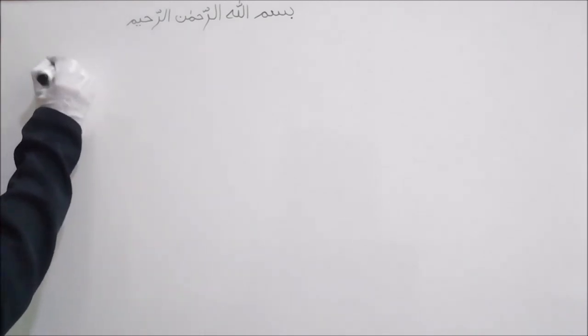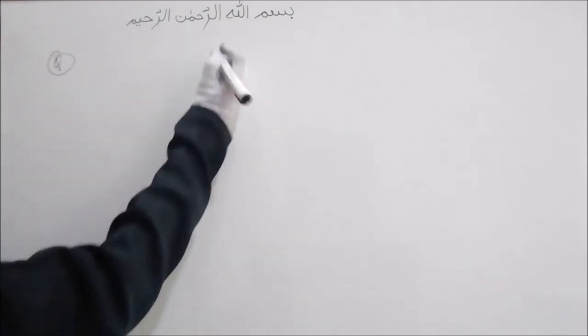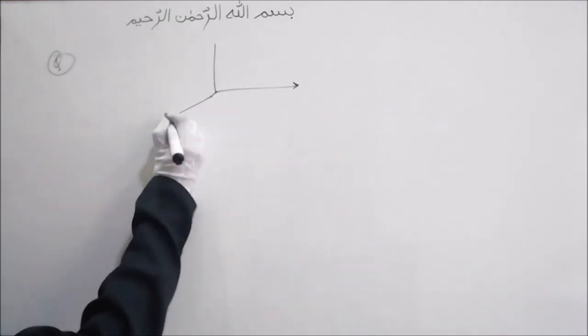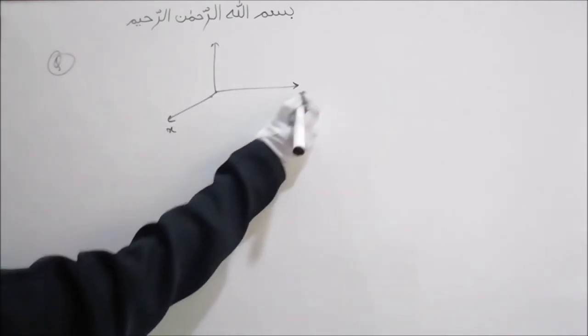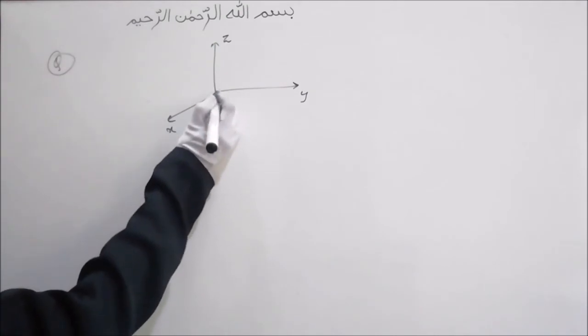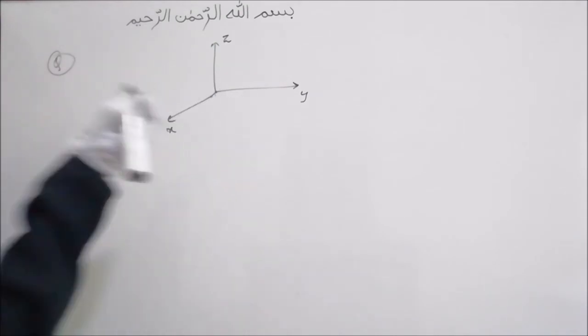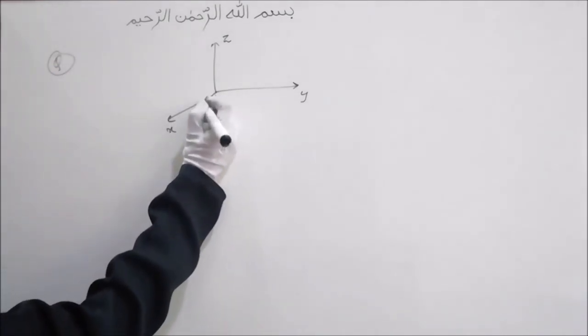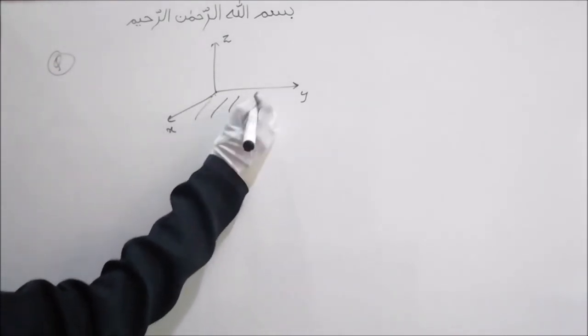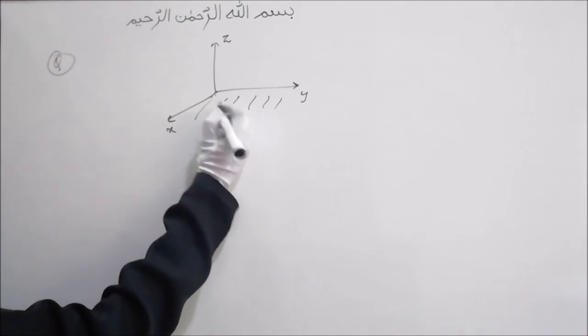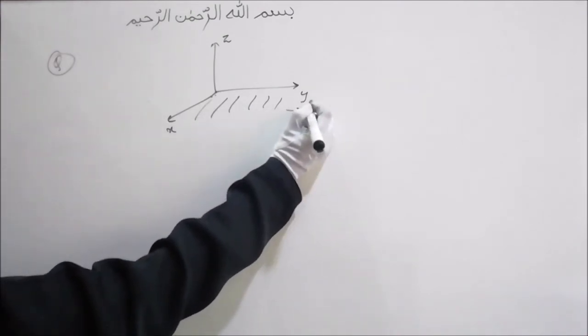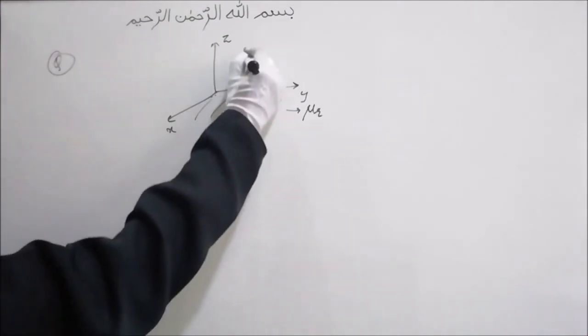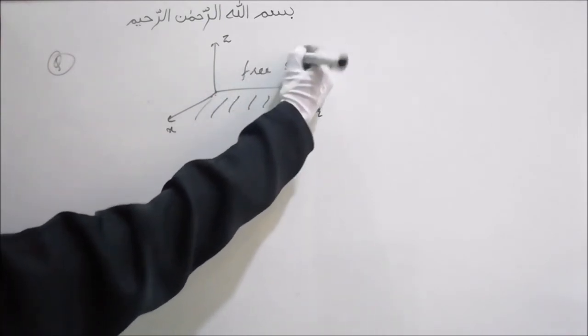Here we have one problem now. This is the x, y, and this is the z axis. The xy plane is the boundary between free space and magnetic material. So let's assume that below this xy plane we have a magnetic material with relative permeability mu r, and above this we have free space.